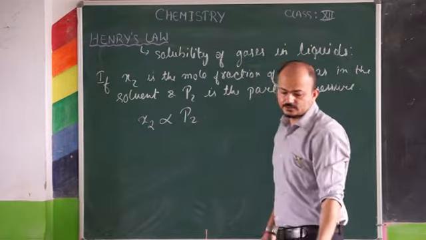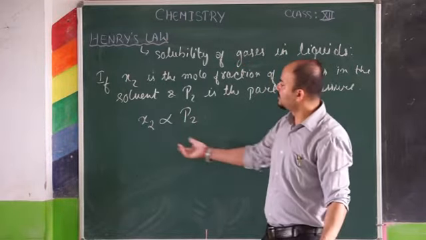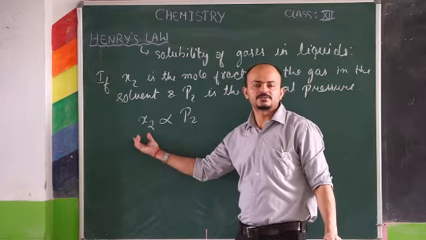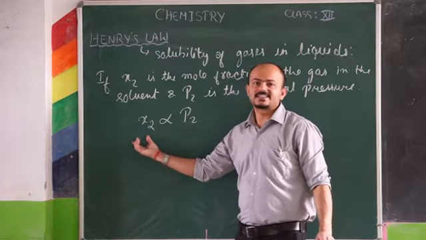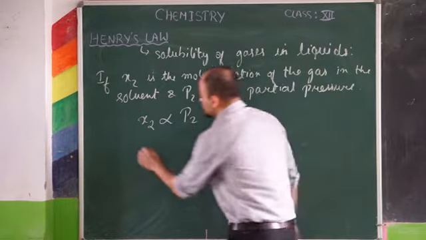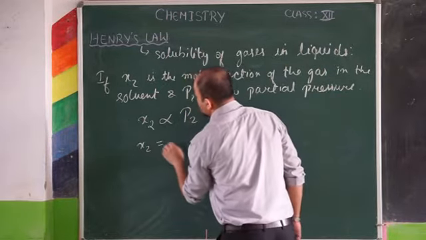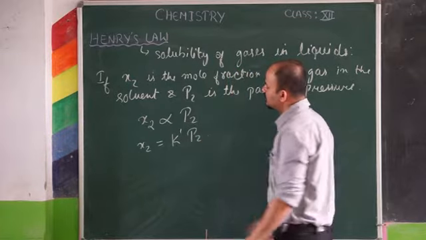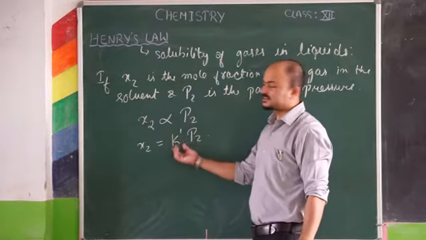Yes or no? X2 is directly proportional to P2, because how much gas is being dissolved can be calculated from its mole fraction, and this dissolved gas is directly proportional to the partial pressure. So now X2 will be equal to K' times P2, where K' is the proportionality constant.